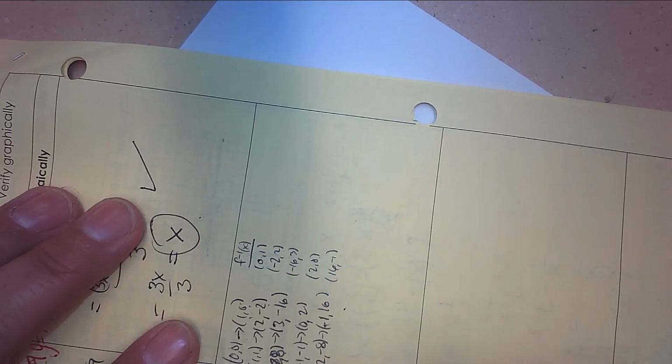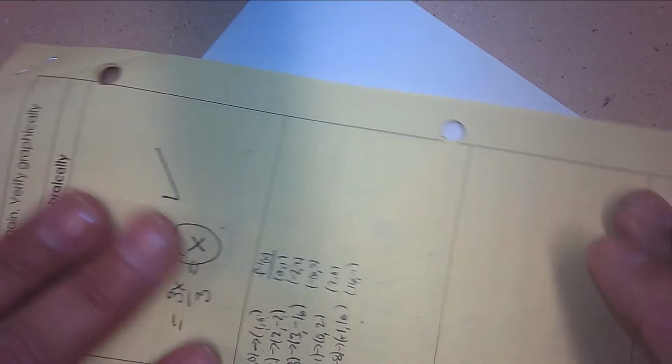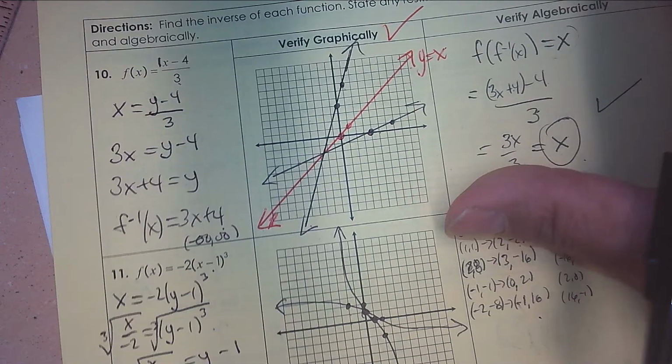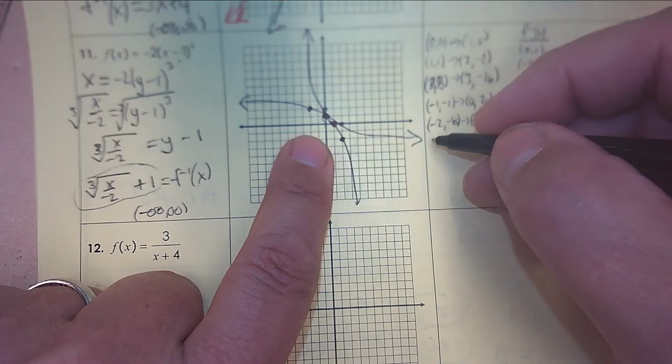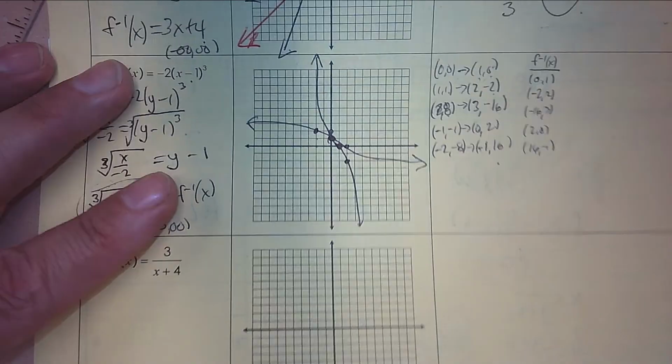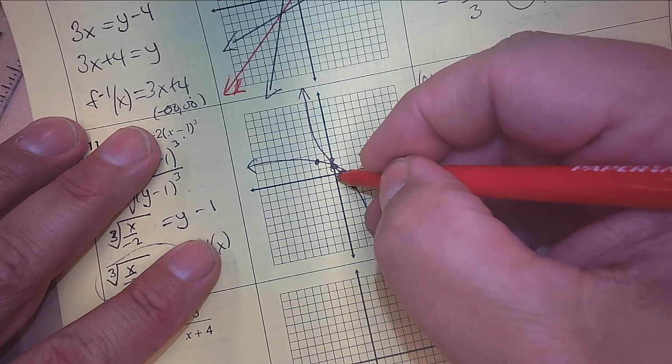And do you remember the picture of a cube root? So connect the points together. So notice the 3 points are connected with a long S connecting it.